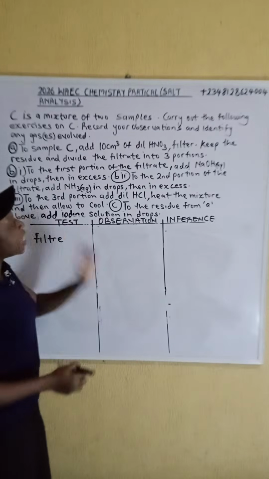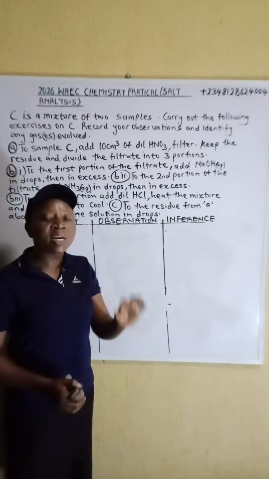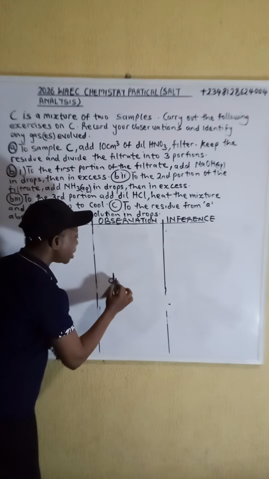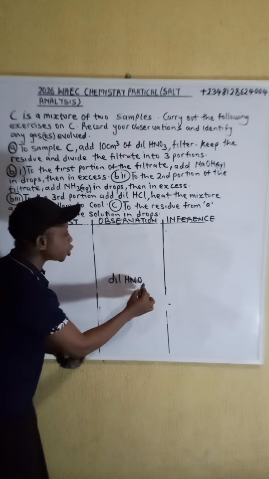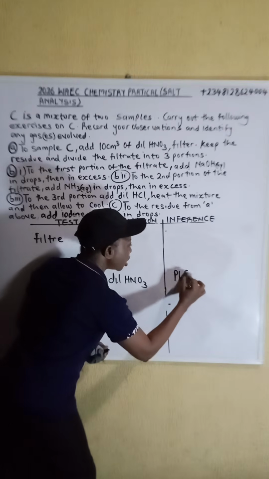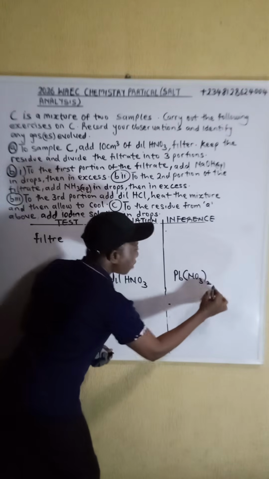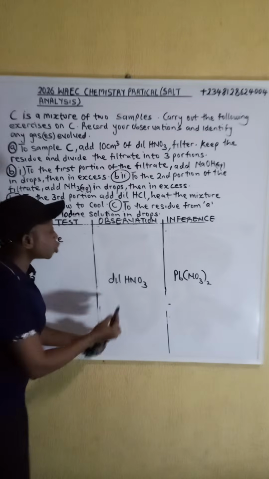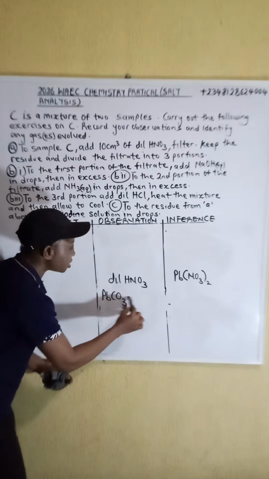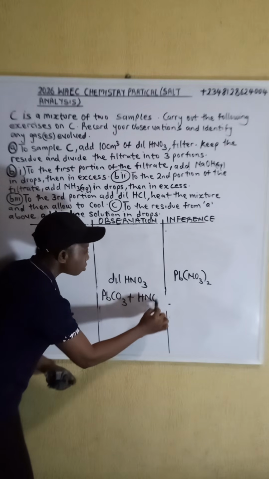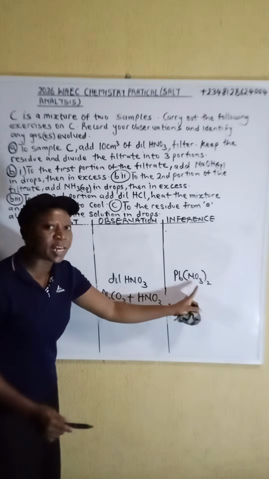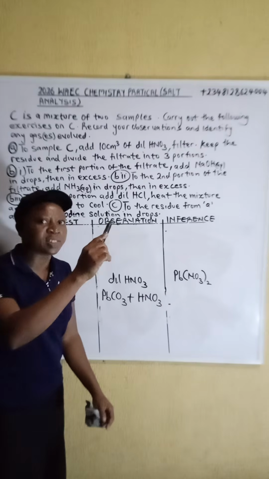Then don't forget that lead carbonate dissolves in dilute HNO3. So our filtrate will be lead nitrate, because when lead carbonate reacts with dilute HNO3, we have a colorless or clear solution of lead nitrate, then effervescence of colorless and odorless gas.